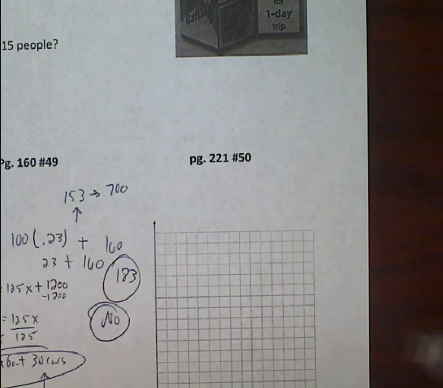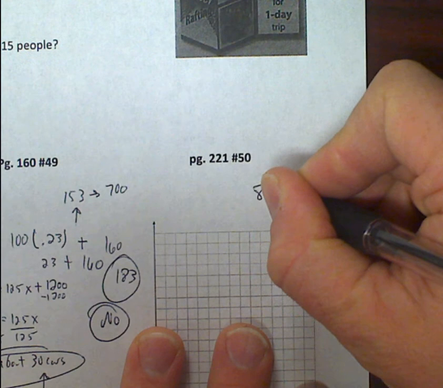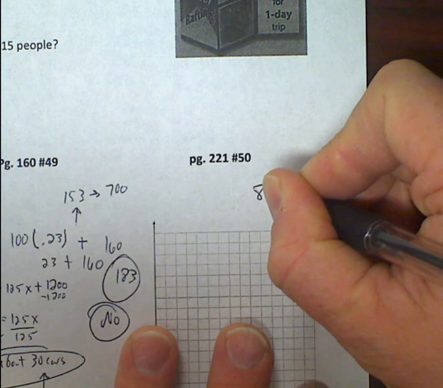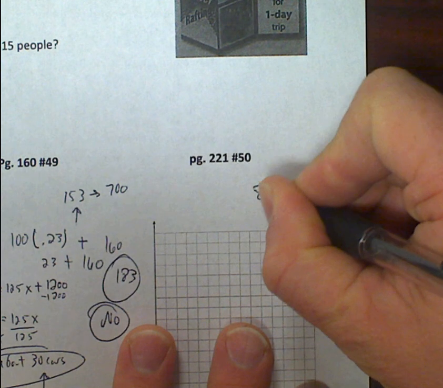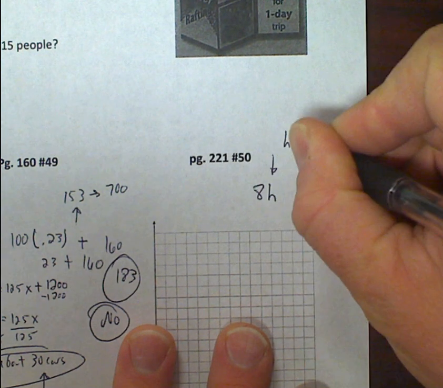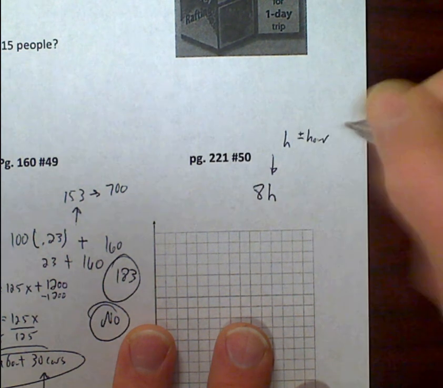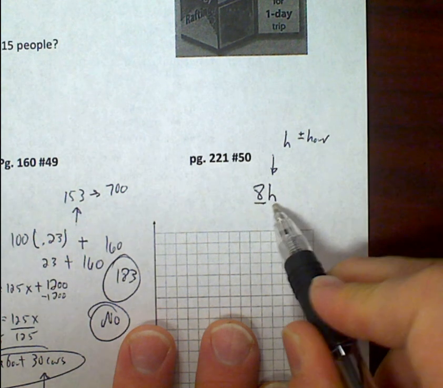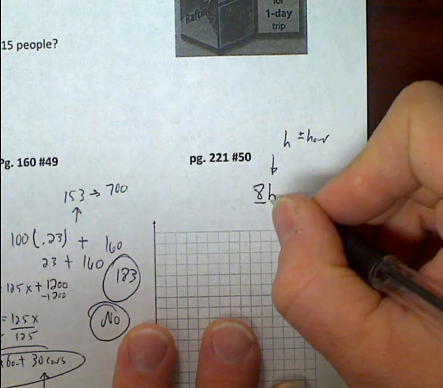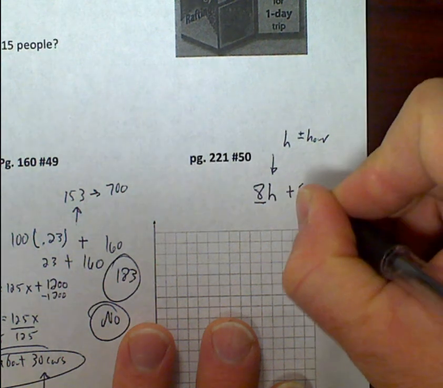So per hour, so 8 per hour. So let's go ahead and let H stand for hour. I also know 8 has to be my slope because it's connected to my variable. And then he has to pay a fee for a helmet of $5.